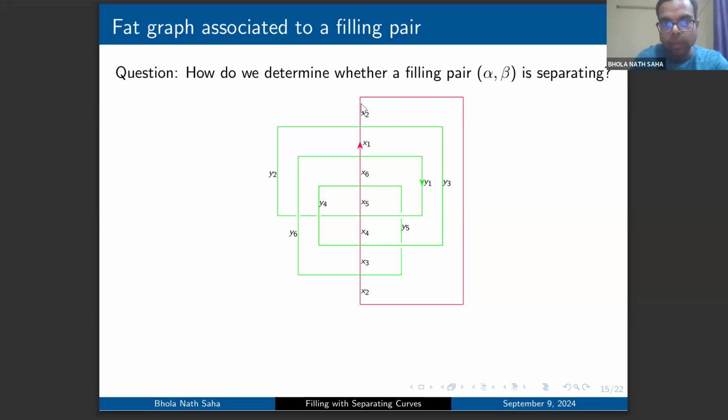Here we have x1 in this direction, and in this direction y6 inverse. In this direction we have x6 inverse, and in this direction this is y1. In this way we get a permutation: a cycle of order 4 at each vertex.